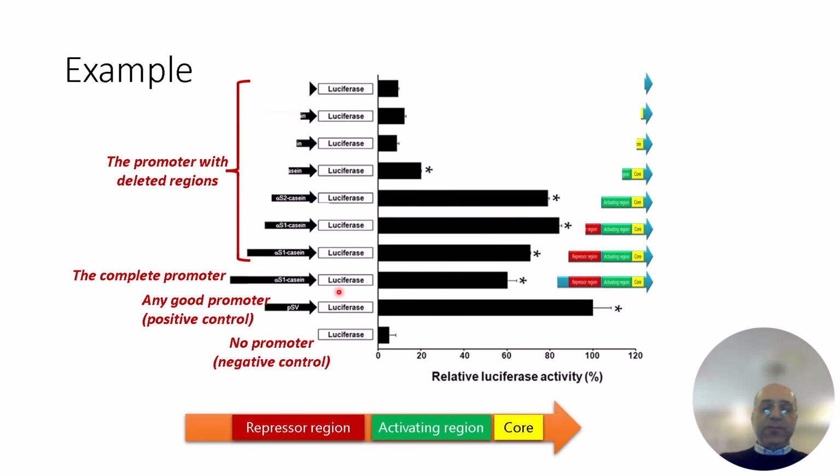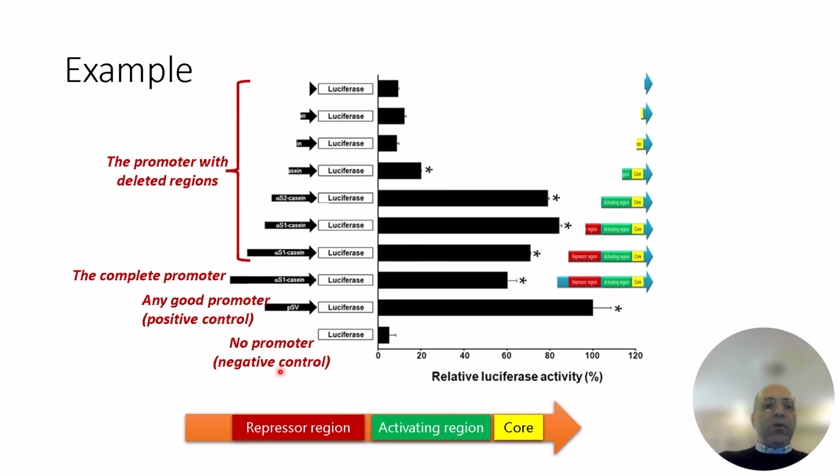A negative control is something that I know does not work. A positive control is something I know works for good. Now, if the negative control works and it produces luciferase, it means that there's something wrong. If the positive control that should work doesn't work, it means that again there is something wrong with the DNA that I've prepared.